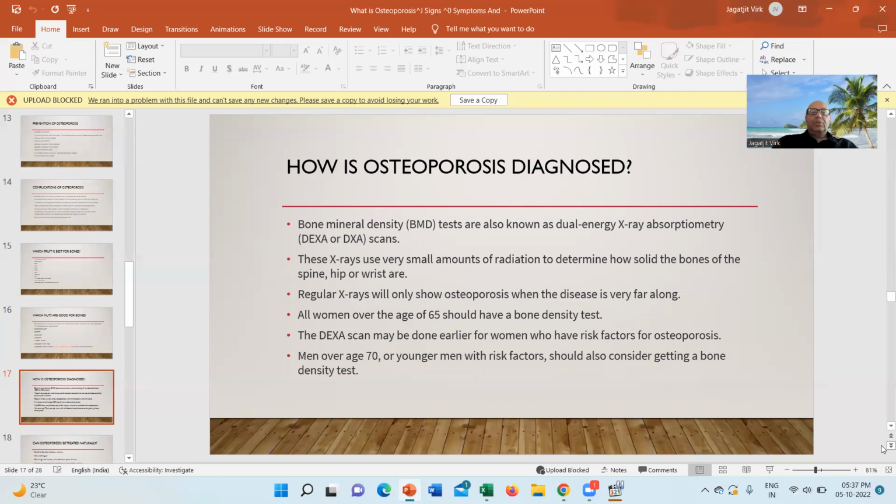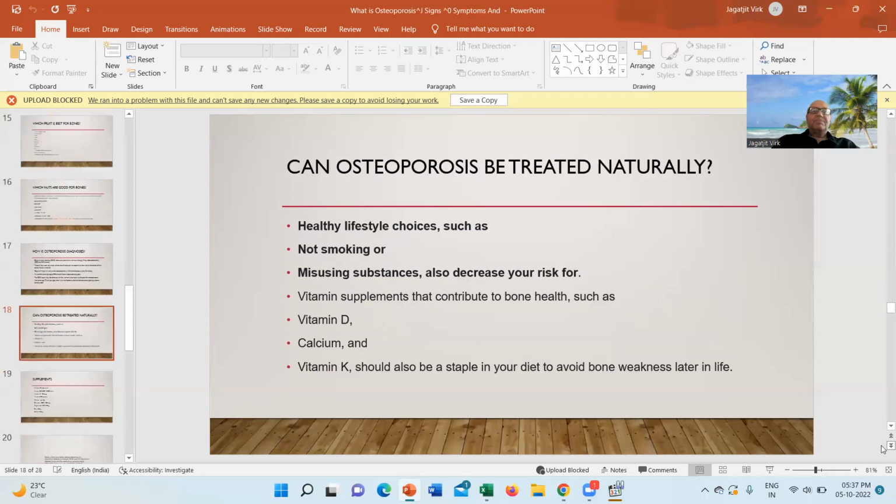Regular X-rays will only show osteoporosis when the disease is very far along. All women over the age of 65 should have a bone density test. The DEXA scan may be done earlier for women who have risk factors for osteoporosis. Men over age 70, or younger men with risk factors, should also consider getting a bone density test.